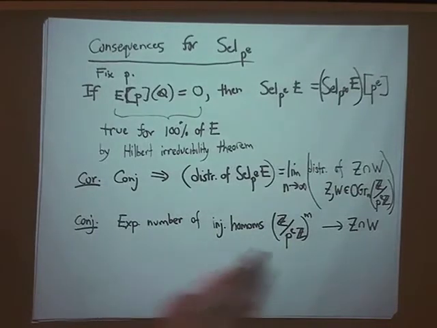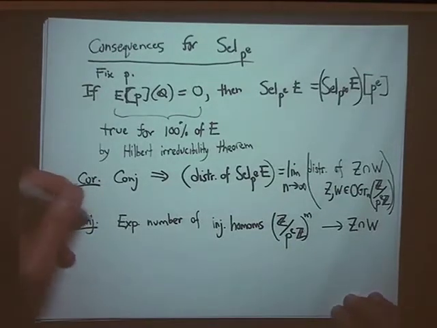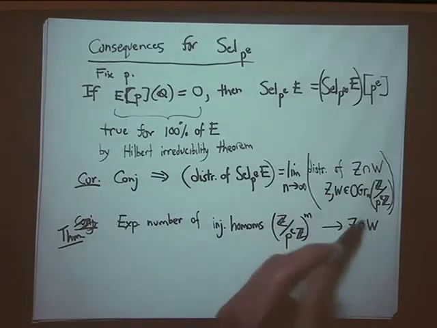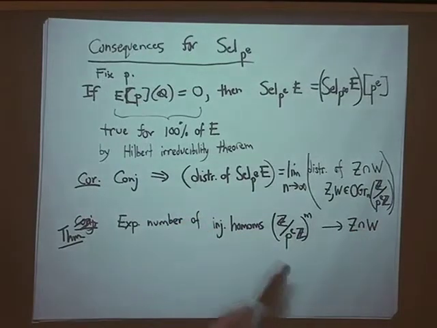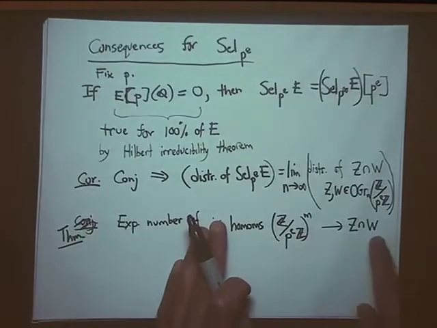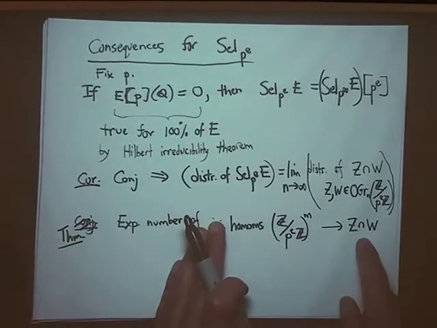Actually, I shouldn't call this a conjecture. This is really a theorem. This is supposed to be modeling, for these Z and W, the P to the E Selmer group. But what you can prove is that if you look at the maps from this module Z into here, if I didn't say injective, how many would you get? This is a Z mod P to the E module.